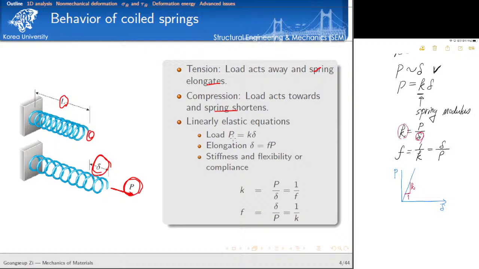And then we do the same thing for unit load: if you can measure the corresponding elongation, this is compliance. Does it make sense? Depending on authors, sometimes we call the spring modulus the spring stiffness. For this simple one-dimensional system, both terminologies mean the same.